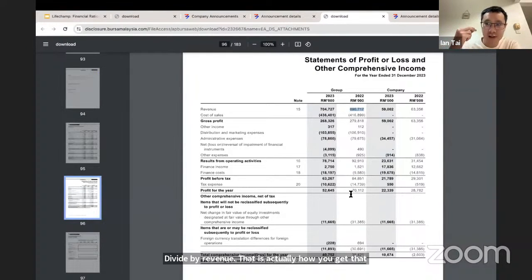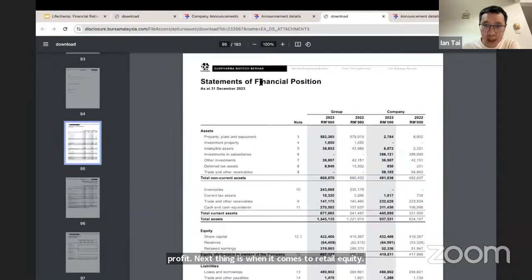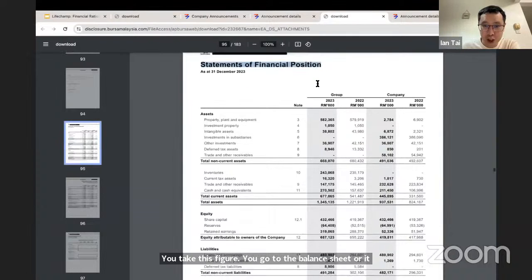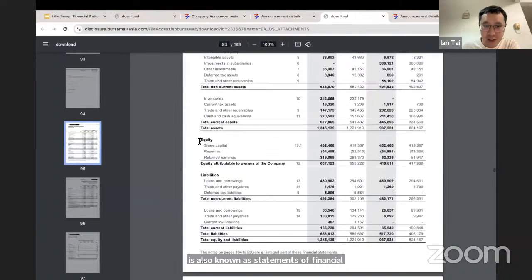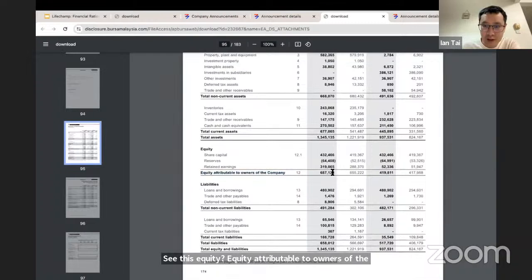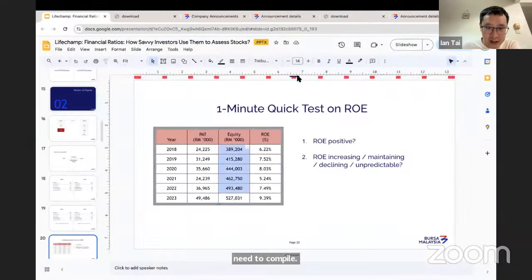Next, when it comes to return on equity, you take this figure, you go to the balance sheet, also known as statements of financial position. See this equity? Equity attributable to owners of the company. This is the figure that you need to compile, and you compile it here like this.